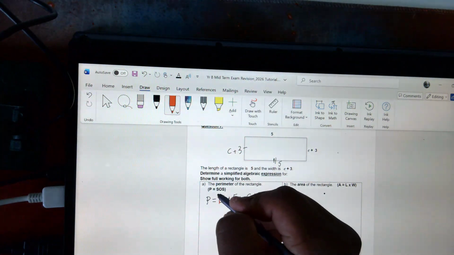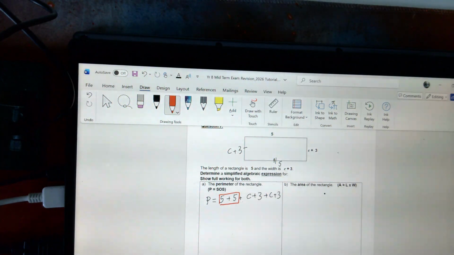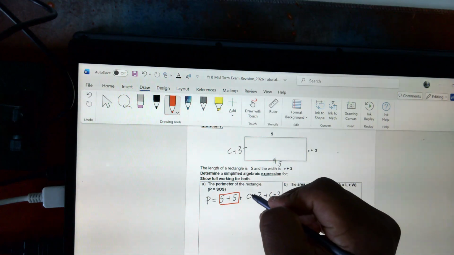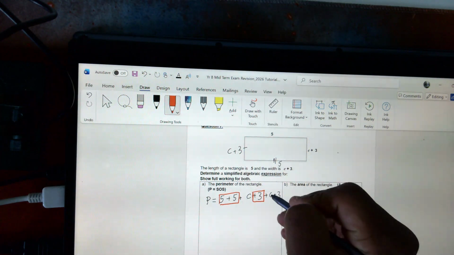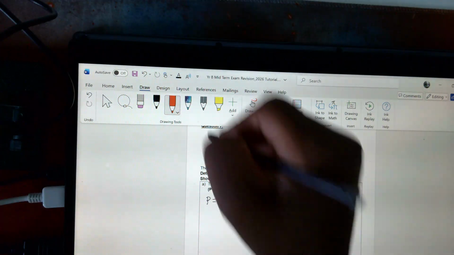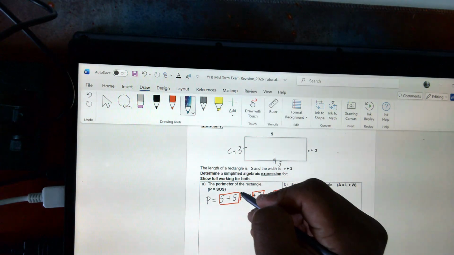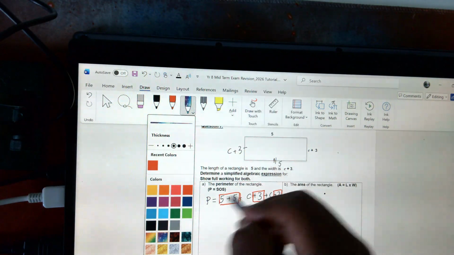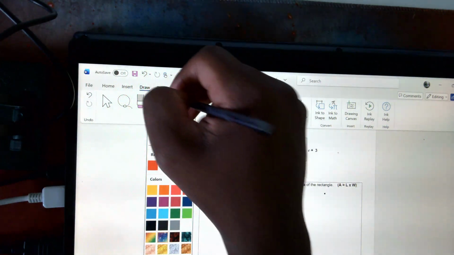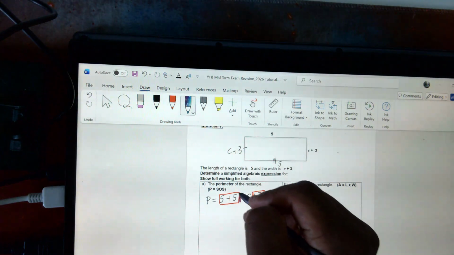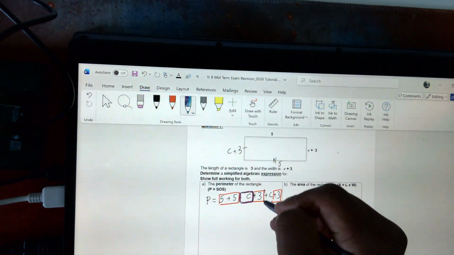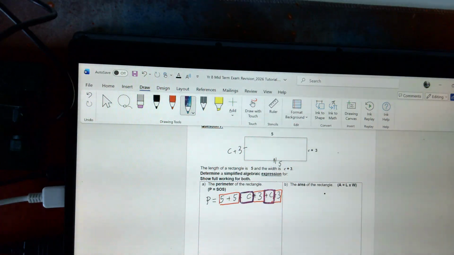So here I've got my constants, so 5 plus 5 is constant, and plus 3 and plus 3 are constants, and I've also got this positive c and this positive c here.